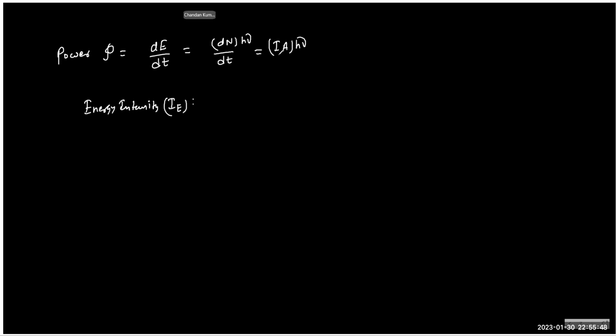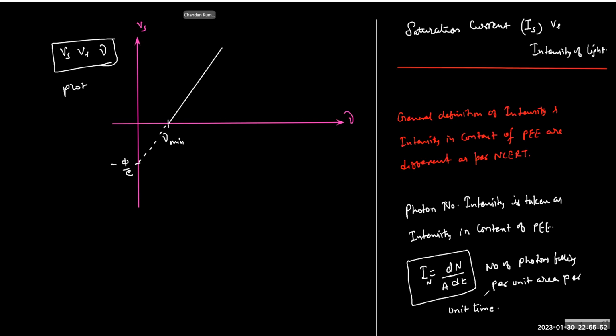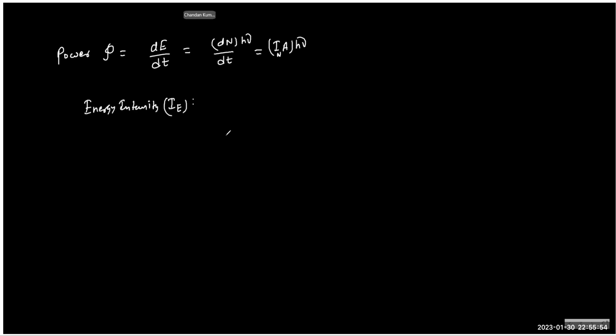And let's call this as I_N, the number intensity. So there is a difference. I will just use this different notation. So energy intensity is defined as energy per unit area per unit time. And if you try to compare the two different types of intensity, you can see that this is power upon area, and power itself is this much.